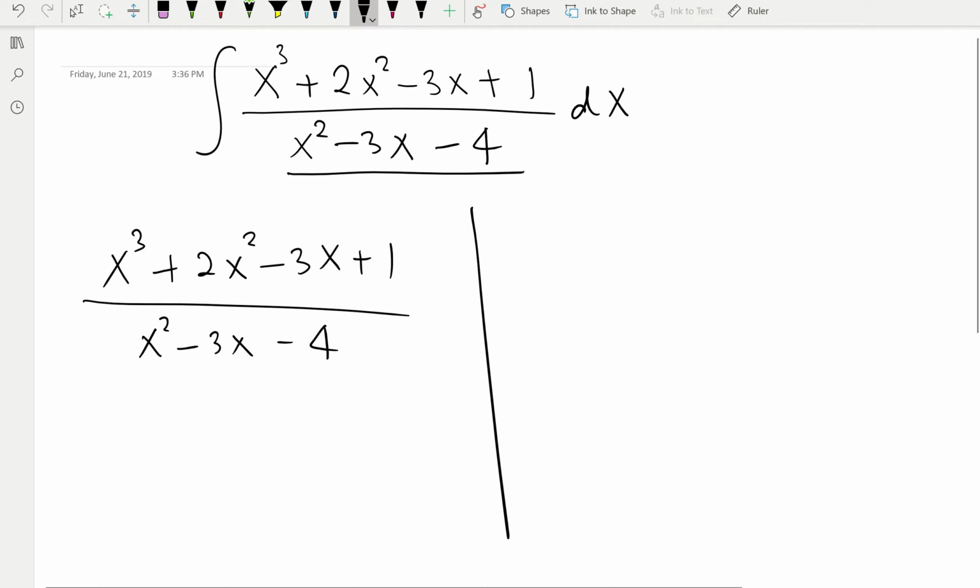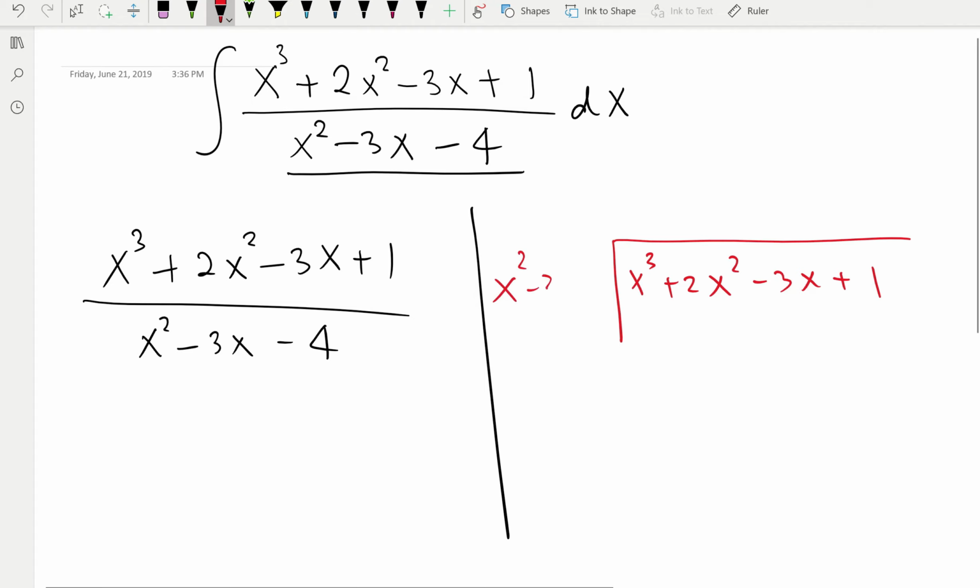So let's do this. First we perform polynomial long division, so x cubed plus 2x squared minus 3x plus 1, and outside we have x squared minus 3x minus 4. We compare the first two terms, x cubed and x squared. To create x cubed out of x squared, we have to multiply by x. x times x squared is x cubed, x times negative 3x is negative 3x squared, x times negative 4 is negative 4x.